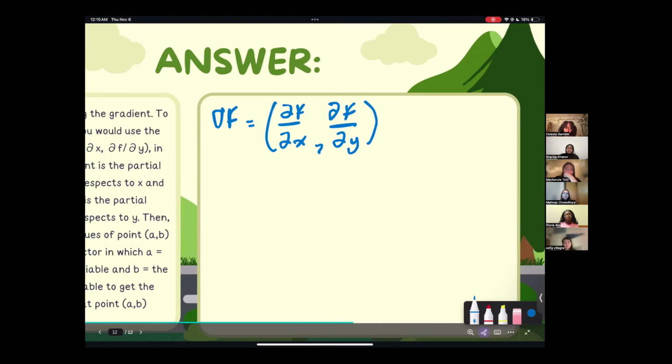Your first step is going to be to differentiate f(x, y) with respect to x, which will give you your first partial derivative. And then your second will differentiate with respect to y.